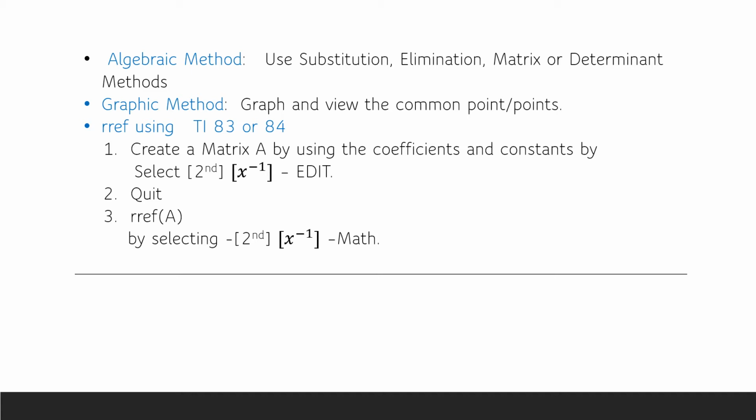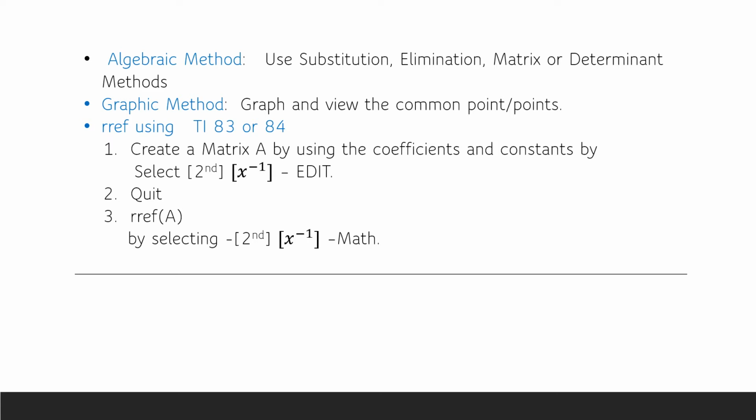If you have a system of three variables, then it will be 3 by 4. And then quit. Again you select matrix math to select the reduced row echelon form of this particular matrix, whatever you have selected.